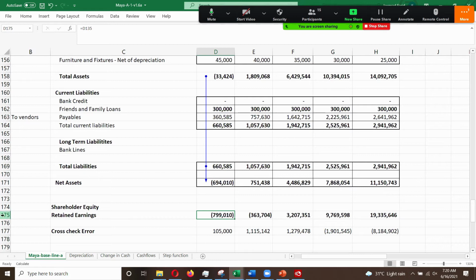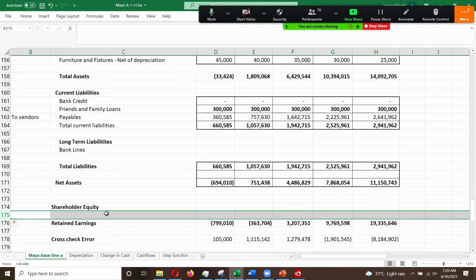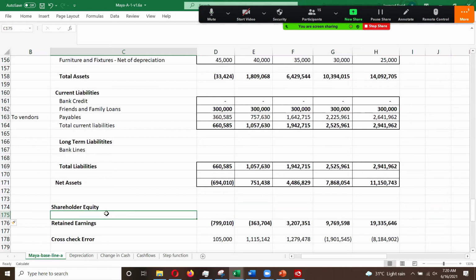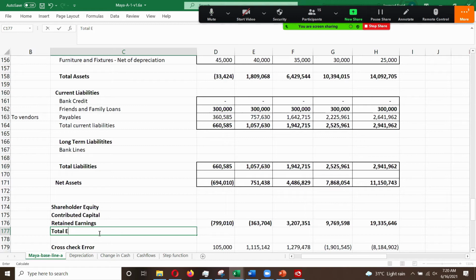So I'll add one more line here, and that line would be contributed capital. Maya hasn't contributed any capital right now, it's just 0. Retained earnings is this much, and then I add this figure here, total equity. That's going to be the sum of these two figures if we ever contribute capital at any point in time.